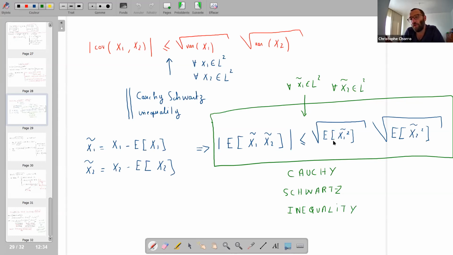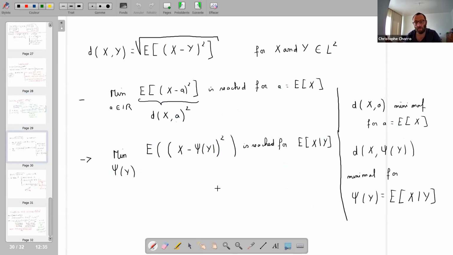But when I have spoken in terms of best approximation, what was the underlying notion that I have used in order to speak about approximation? This underlying notion was the expectation of the difference of the square. I have minimized this quantity.